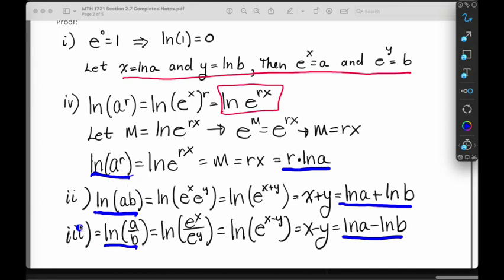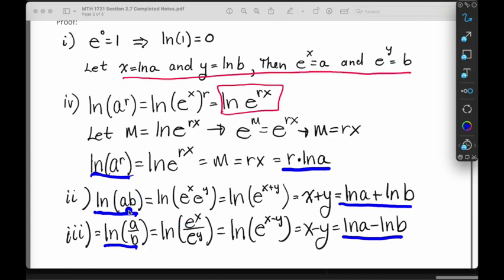Okay, so for the last two, I'm going to use this property that I just proved about bringing the exponents down in front of logarithms to prove 2 and 3. So in property 2, we have the natural log of a times b, and we let a and b, we rewrote those as e to the x and e to the y.